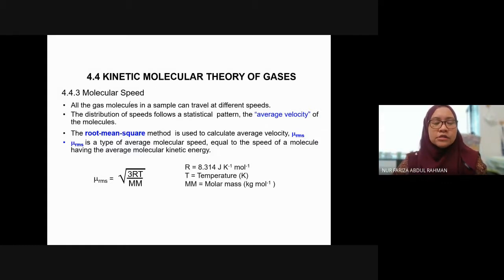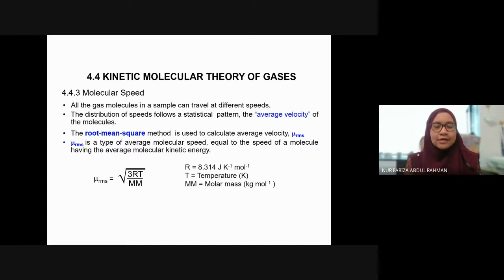Okay, so molecular speed is important for gaseous molecules, but not important for solids and liquids. Why? Because in solids and liquids, the movement is very limited since they are not as mobile as gas molecules. Gas molecules are very mobile. They can move left and right, and in fact they produce pressure because of their collisions. So the higher the speed, the more pressure will be produced.